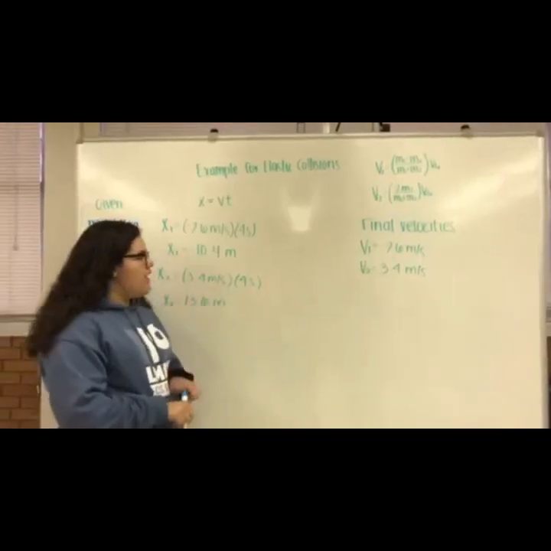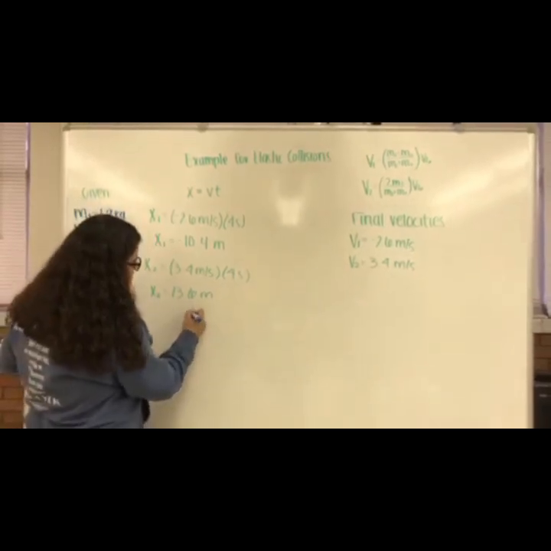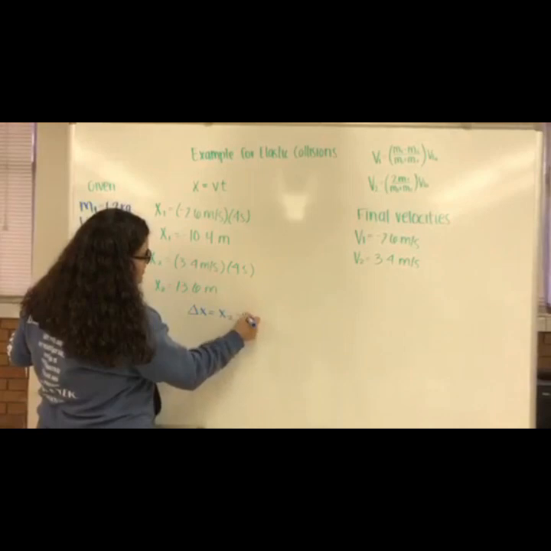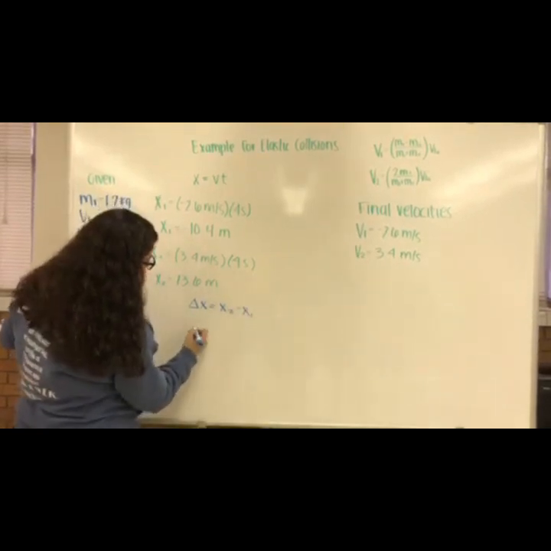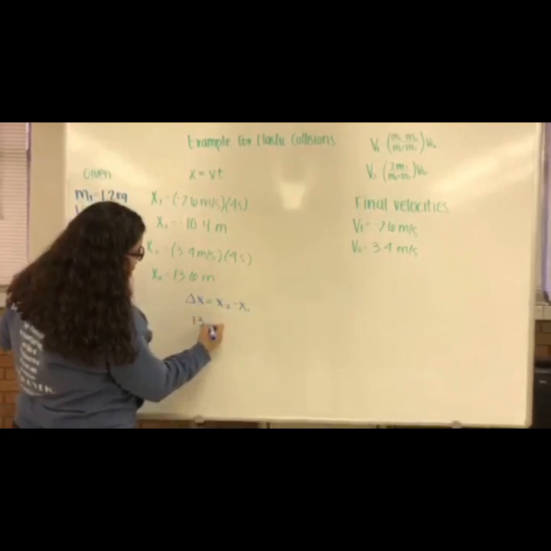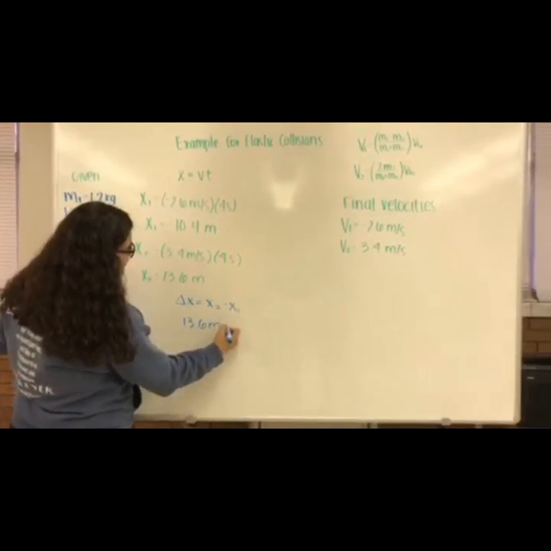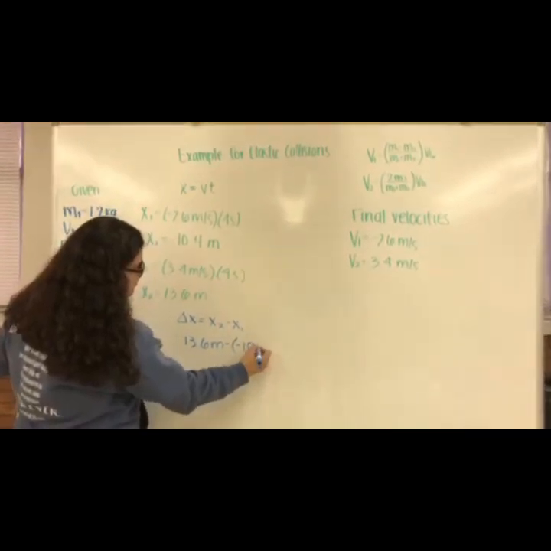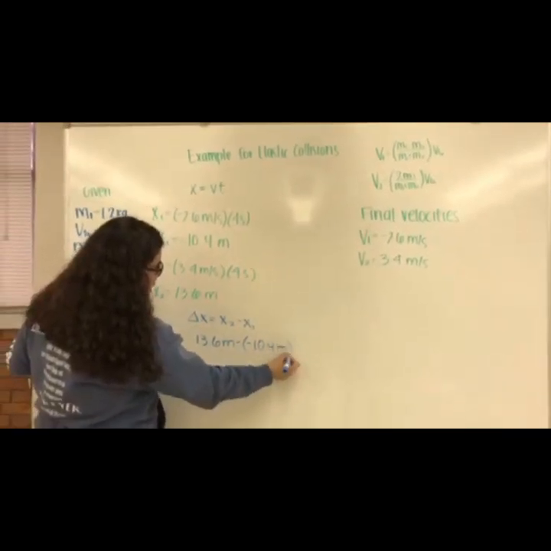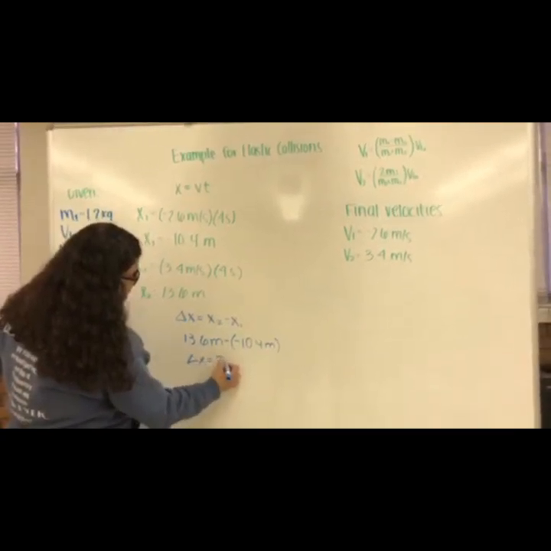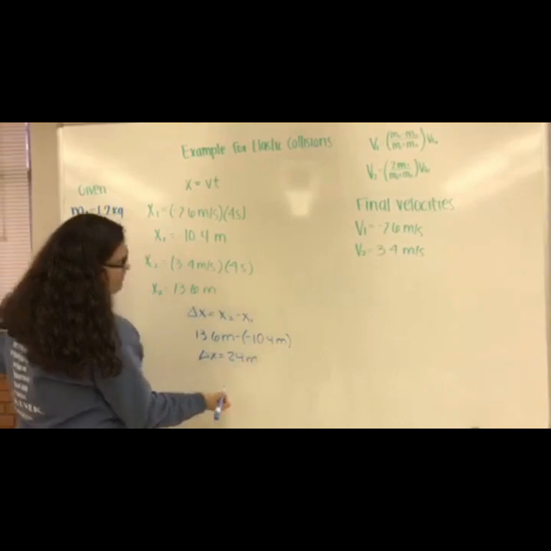To find the change in x, it's x2 minus x1: 13.6 meters minus negative 10.4, which gives us a value of 24 meters. And that's our final answer.